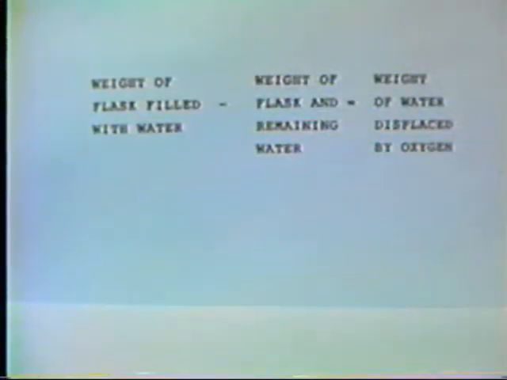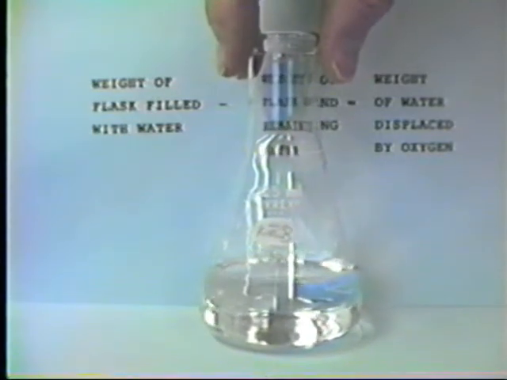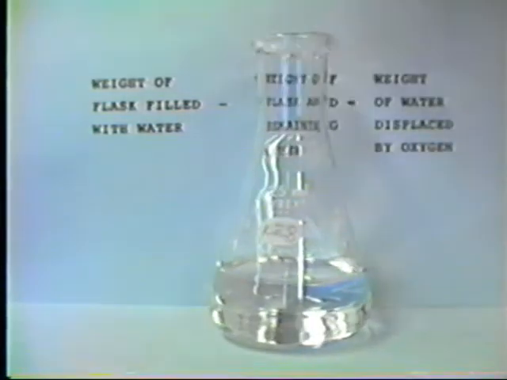To determine the volume of oxygen generated, we're first going to measure the weight of water displaced by the oxygen. We have here the flask in which we had collected the oxygen. We had weighed that, and so we'll have the weight of the flask with the remaining water. Now if we fill this flask up completely to the top, we'll have the weight of the flask filled with water.